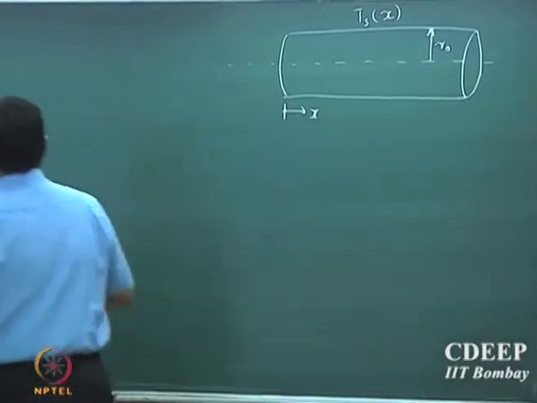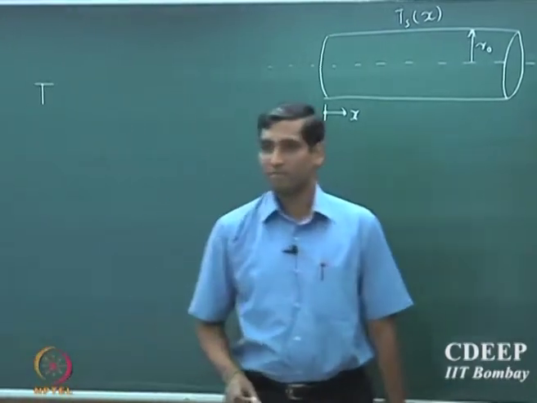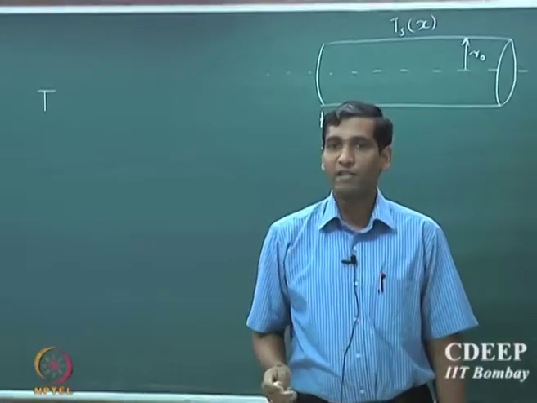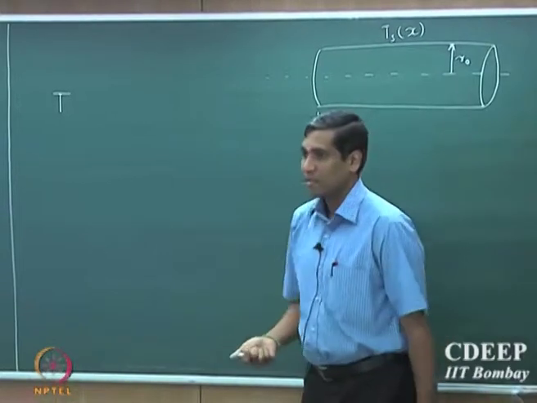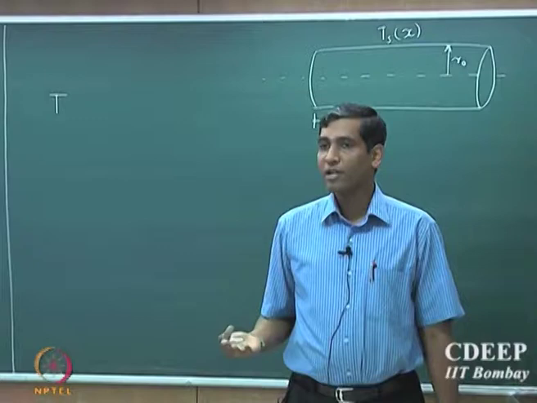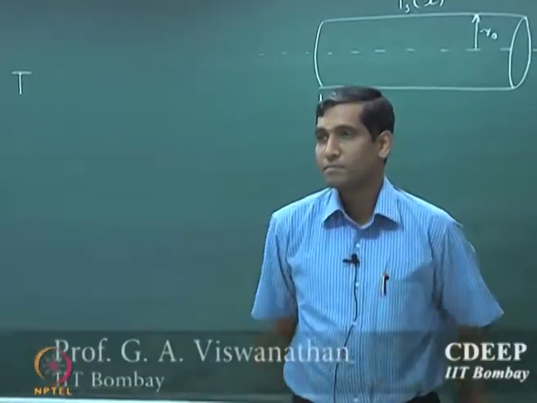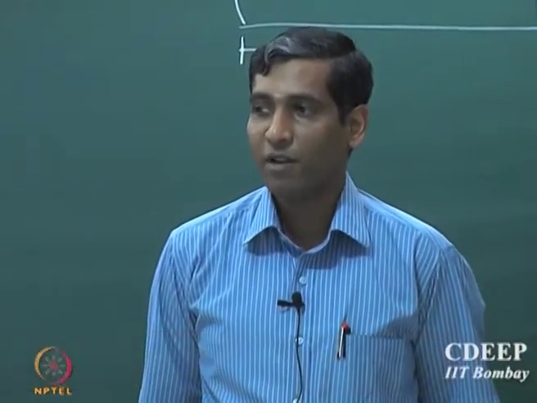So now if I want to find the temperature distribution inside the tube, let us say in the fully developed regime. Okay. So what will be the general functional form? So remember the model equation.